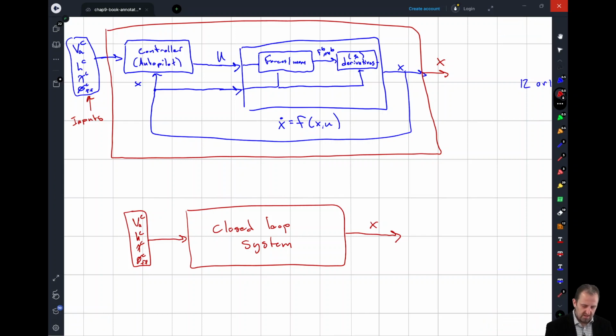So option 1 is that we could just take this high fidelity model.